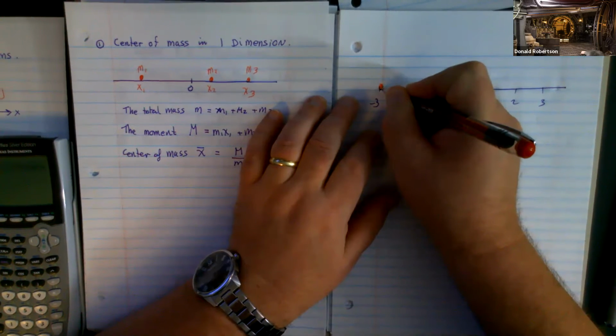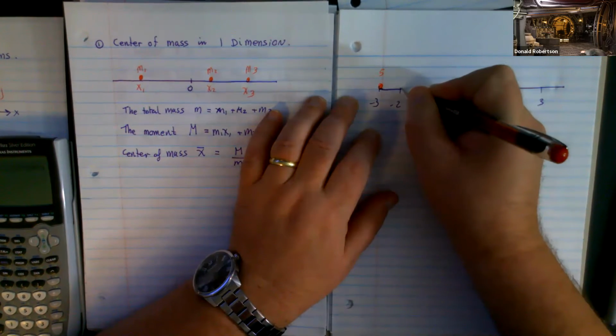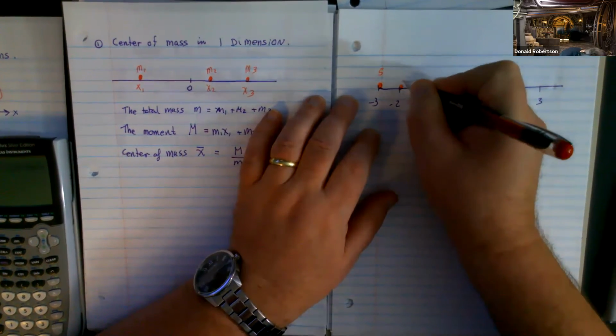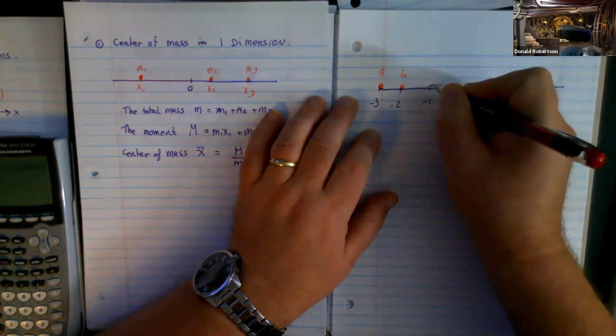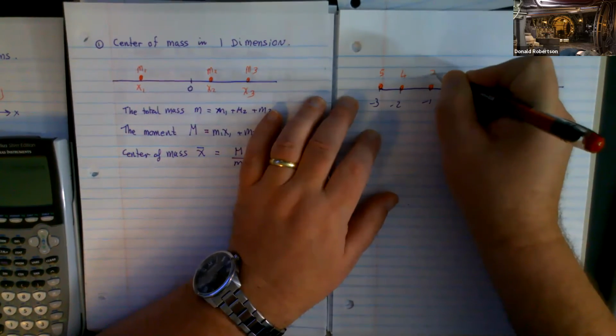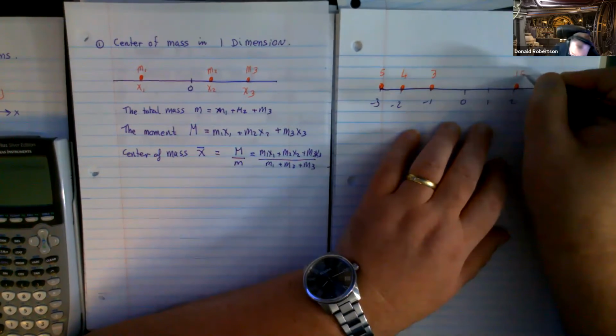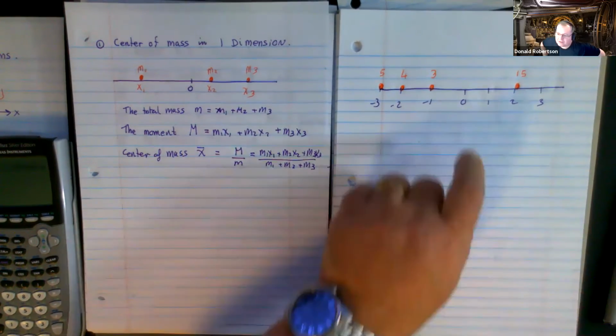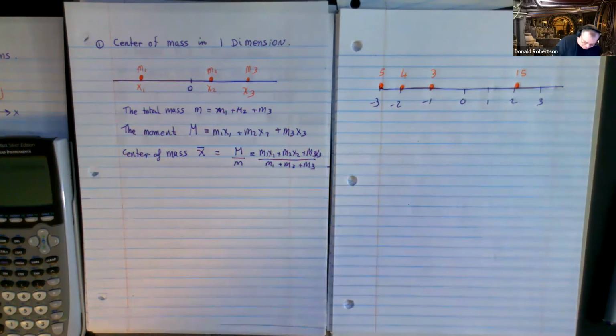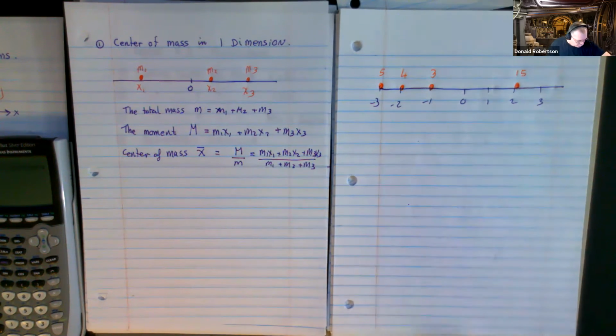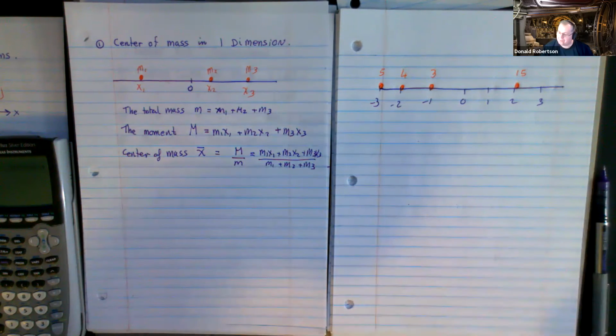This one here is 5. This one here is 4. This one here is 3. And this one here is 15. Okay, find the center of mass of that guy. No pressure, you've got a minute.